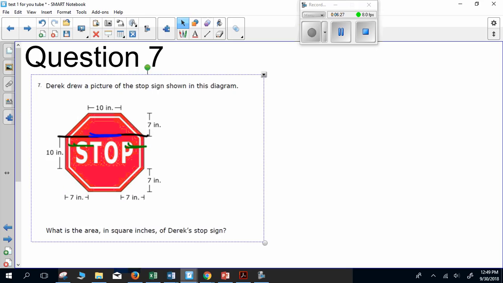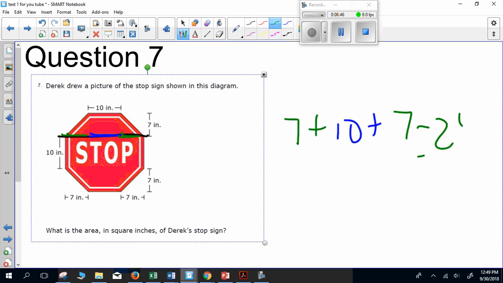So if I take those 7s and put them on that line, 7 plus 10 plus 7, so 7, 10, and 7, that's 24. So that line, the blue and green line, is 24.